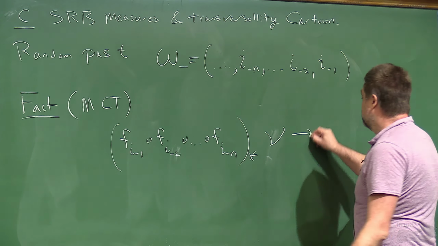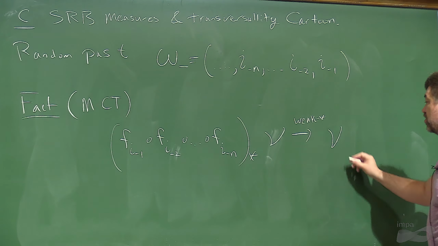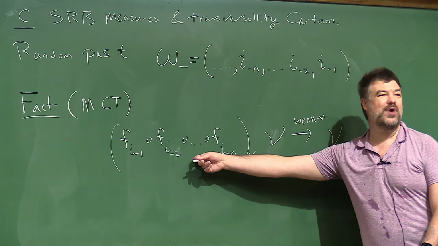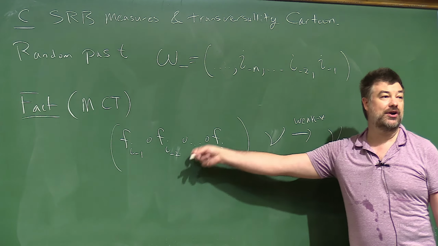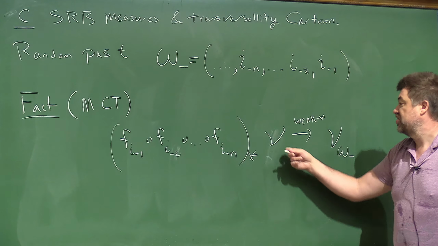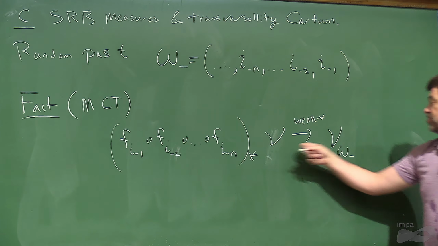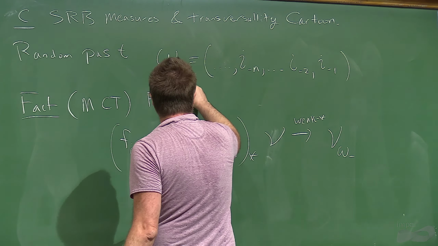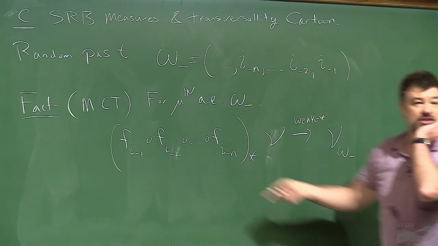This thing converges in the weak-star topology to some other measure which is called nu_{omega minus}, which only depends on the choice of the past. And I left out a quantifier, which is for what sequences does this sequence of measures converge? This measure is probably not invariant under any of these things. It's probably just stationary. So every time I apply a new map, I get a new measure. This is some sequence of measures, and I'm saying it's converging. Where does it converge? This is for mu to the n, almost every choice of a past, this thing converges.